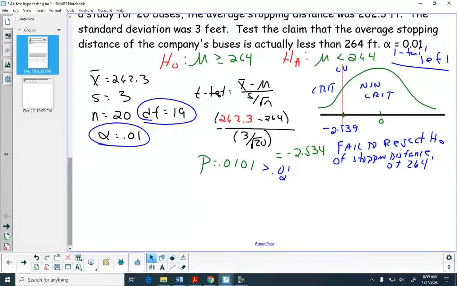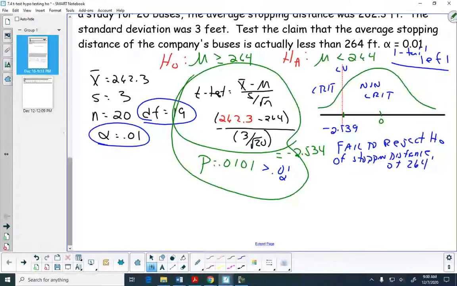Go ahead and calculate the t-value, the test value, and then plug it into your calculator and check your t-value with your calculator, and then pull out a p-value also.